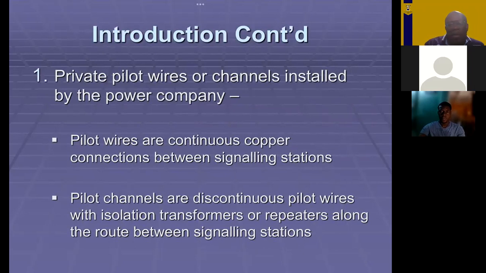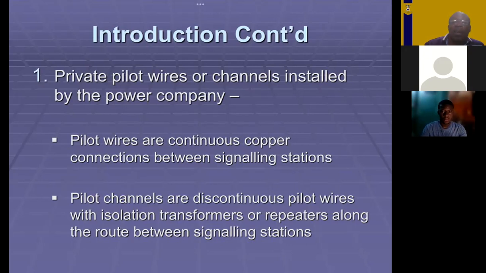So it would be like JPSCO going in and installing these pilot wires, which are physical wires, twisted copper pair between relaying points. Of course, you can see where there will be some limitation in terms of distance, okay?